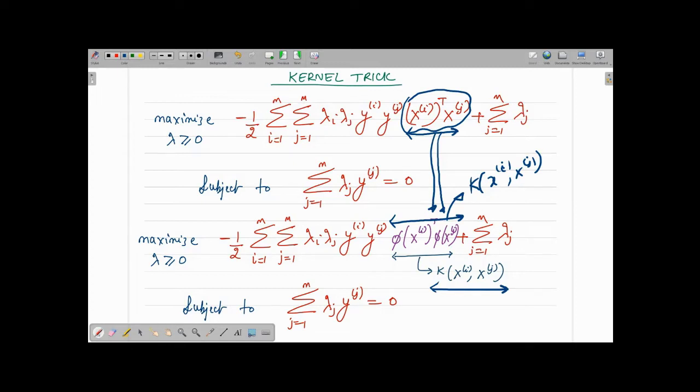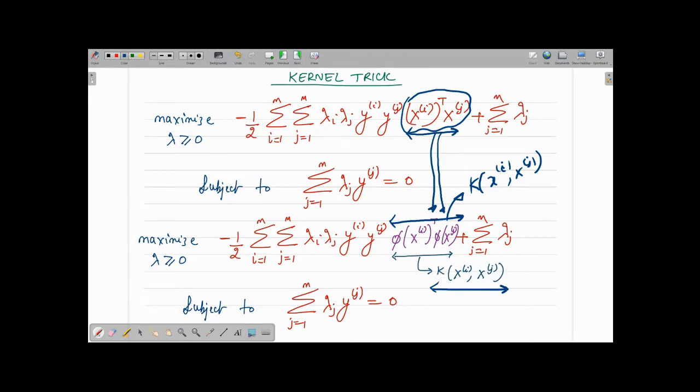If you try to use a kernel now, can you tell me what advantages you will get? Earlier we had simple things, right? We had xi transpose xi, but now if I use a kernel here, what advantages will we have? Any idea? Faster is okay; that is one of the advantages we had last time.